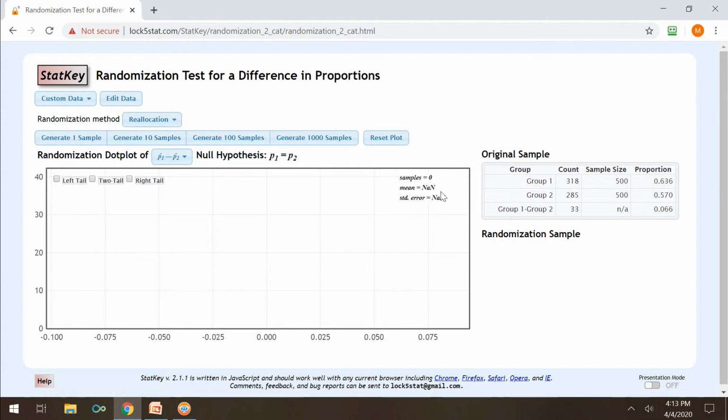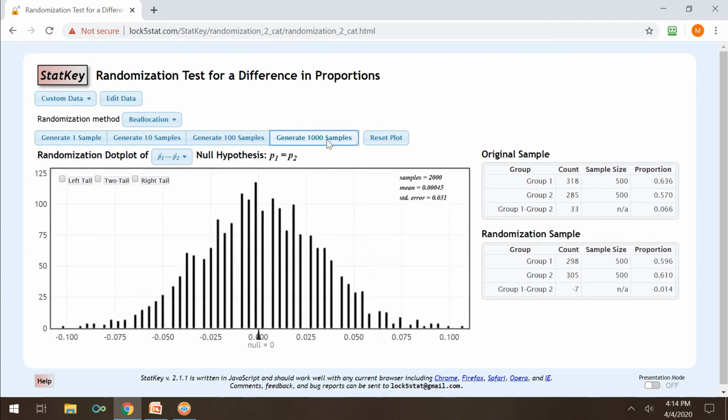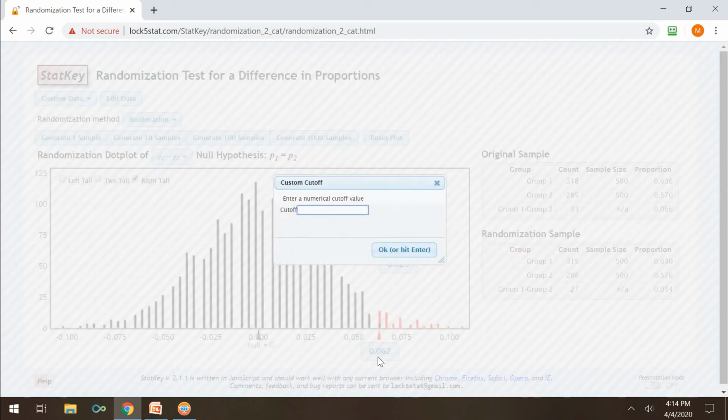So when you enter this information, you will find the difference in group 1 minus group 2, or p hat 1 minus p hat 2, is equal to 0.066. The way we did this, we generated several thousands of samples. And then this was a right tail test. We adjusted the cutoff to 0.066.